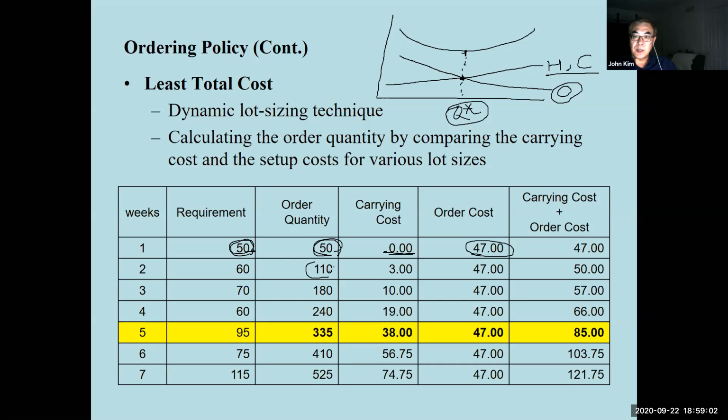Order 2 weeks' amount, then use 50 and carry over, so some carrying cost, and the order cost is the same because we place only one order. Then order 3 weeks' amount, then carry over more, so carrying cost increases like this.